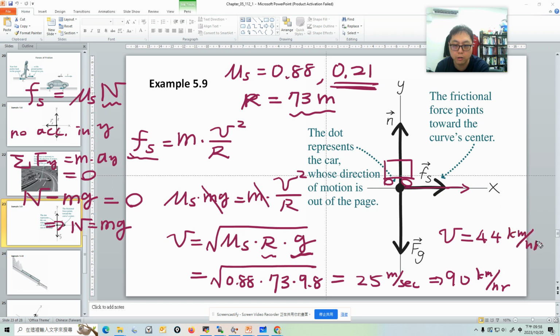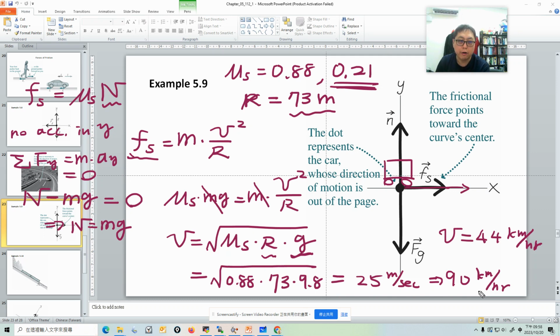So the result of the calculation is reasonable. If you have a higher friction surface, it allows you a higher corner speed, 90 kilometers per hour. But if you have a low friction surface, the maximum speed is only 44 kilometers per hour. So this sounds pretty reasonable.